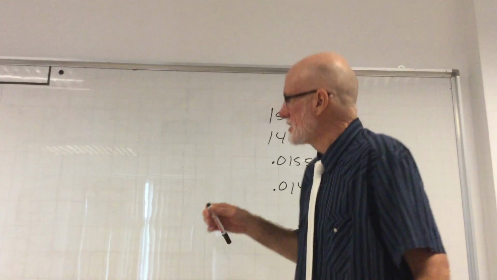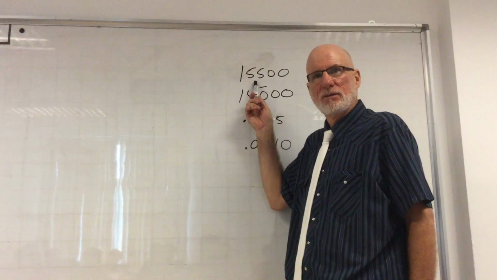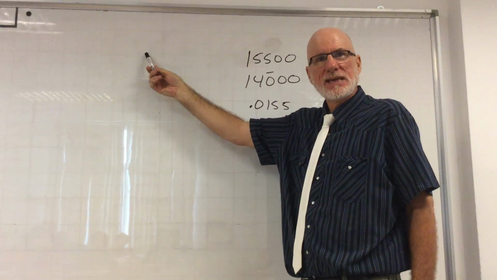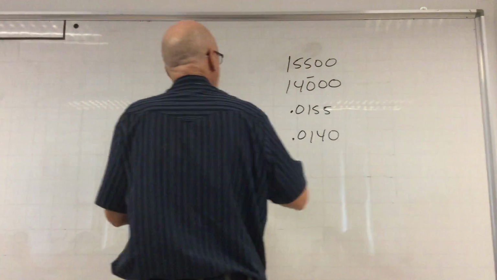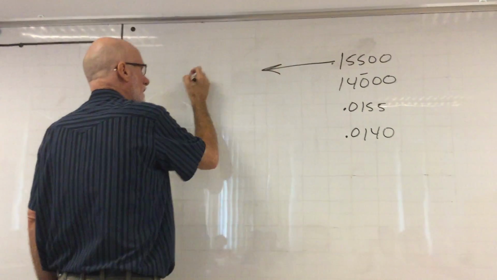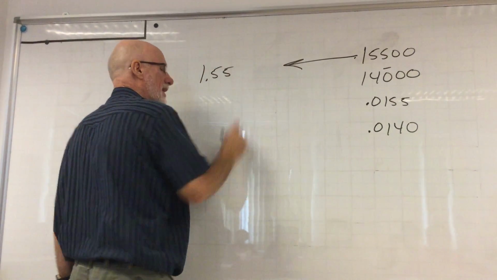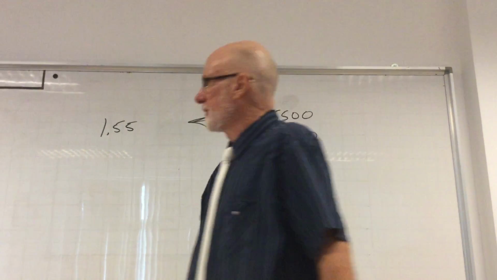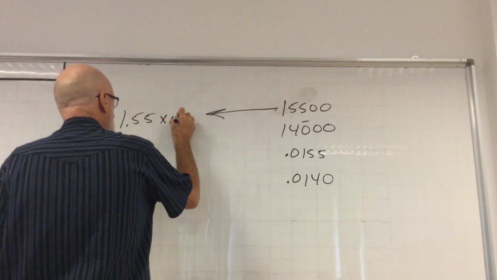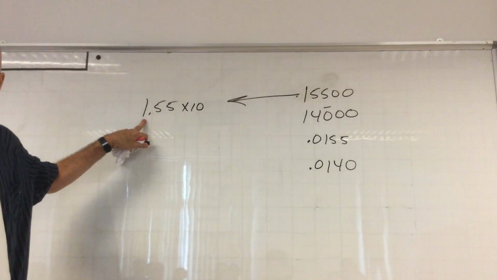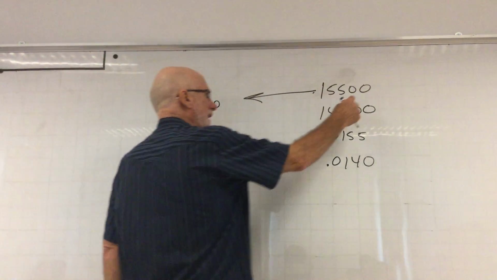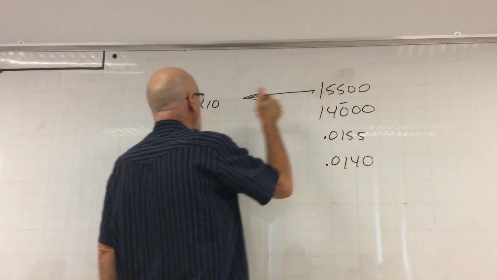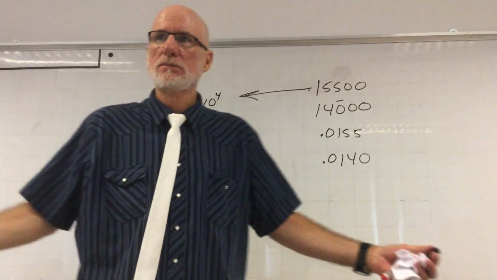This is the factor version of the number, and then you create the base 10 version of the number. So this is going to be 1.55, only significant figures. That's easy, right? Times 10 to the, one significant figure to the left of the decimal. You correct for magnitude. 1, 2, 3, 4. That's it. Is that easy?